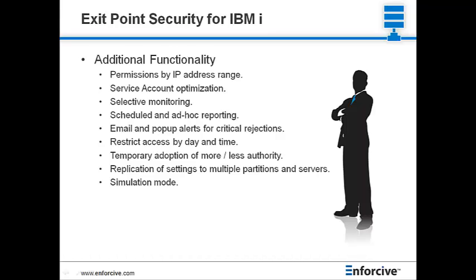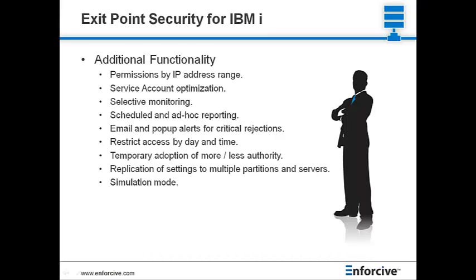As we now have all of this great information being collected from the exit point connectivity, we can then schedule reports so you can see the people coming in, the rejections that have occurred, and you can report upon those either ad hoc or through a scheduler. Similarly, if there are very critical rejections that occur, we can help you with email and pop-up alerts for those most important rejections.